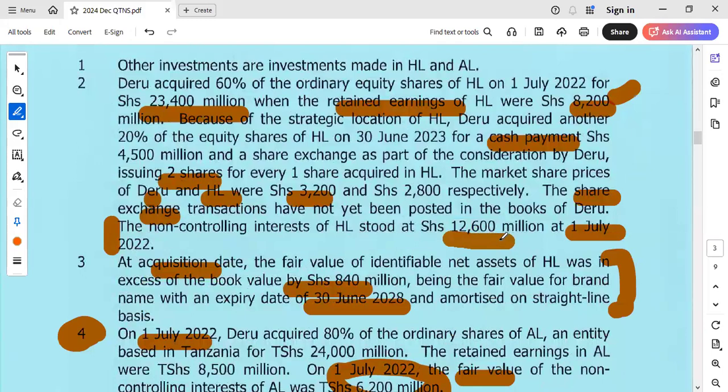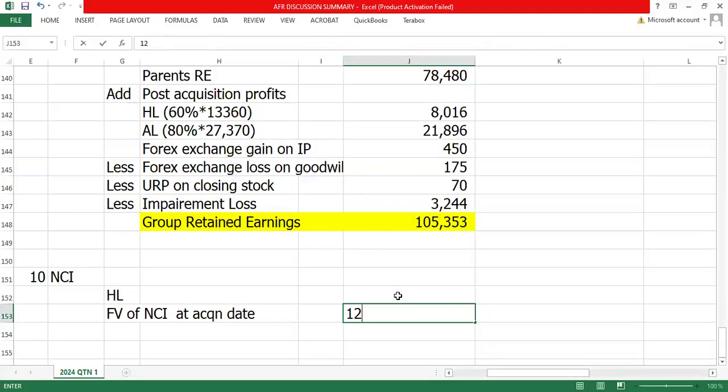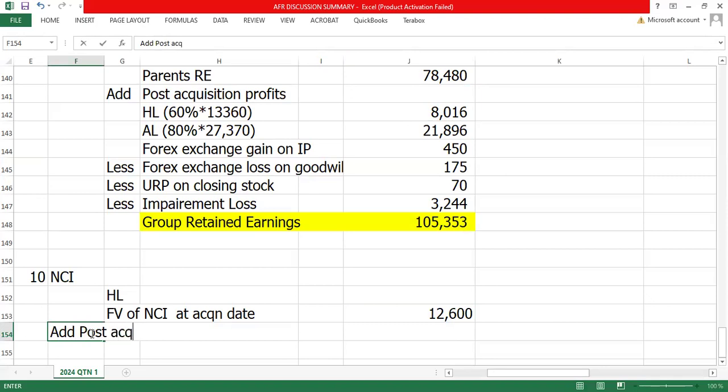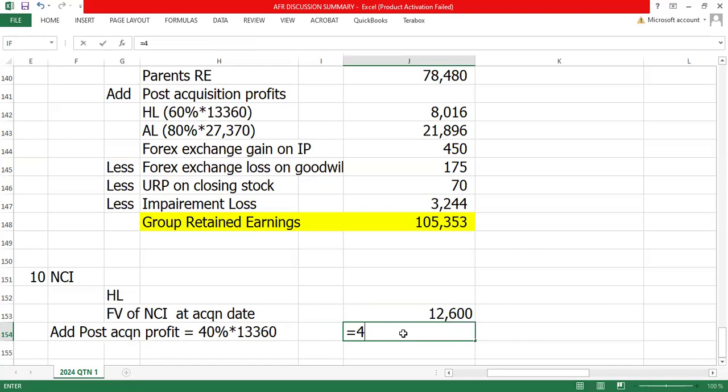Yes, at acquisition, 12,600. Then here, do the adjustments. Add the post-acquisition profit. For them, they share 40% times what? What was the post-acquisition? 13360, isn't it? This is 40% times 13360. This is what you get.